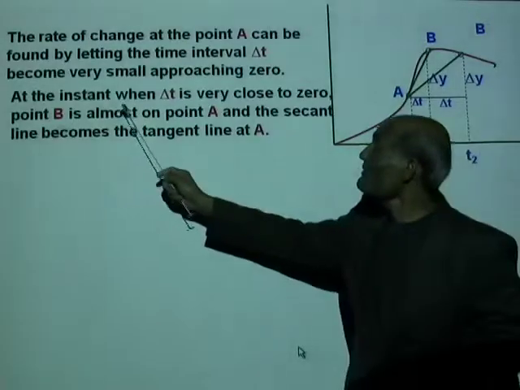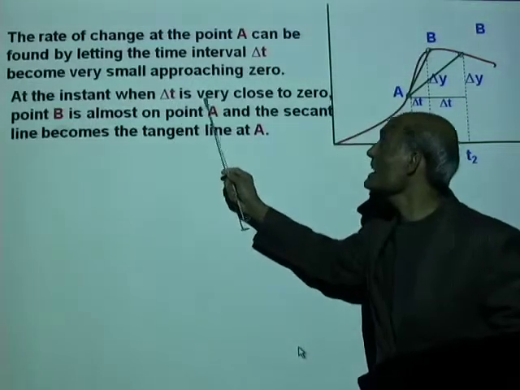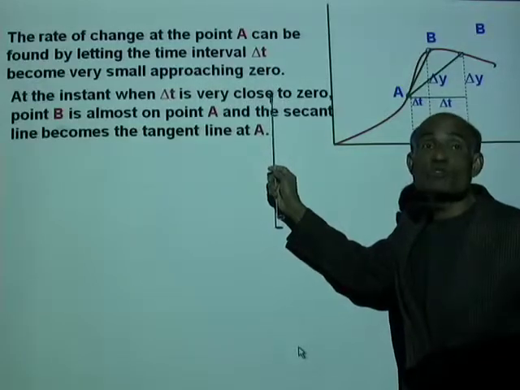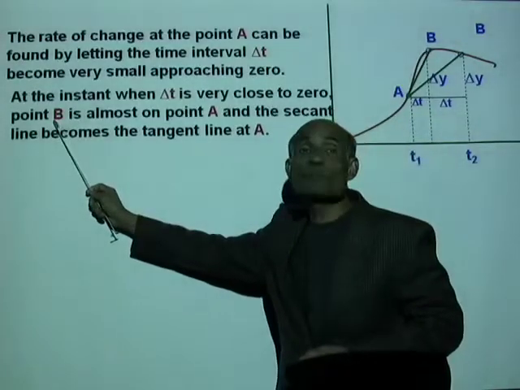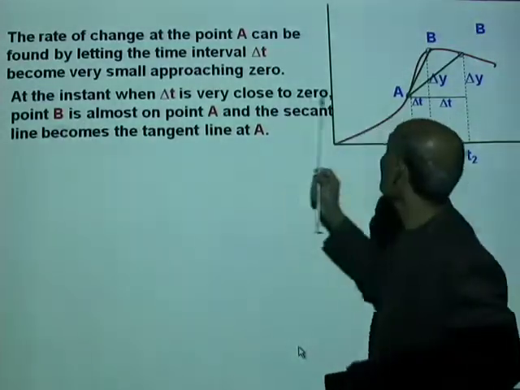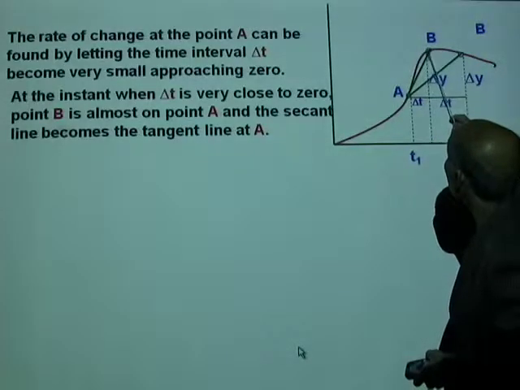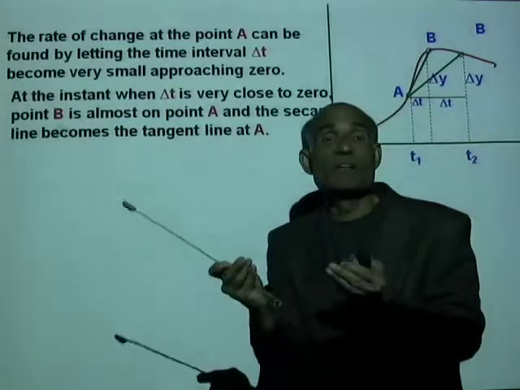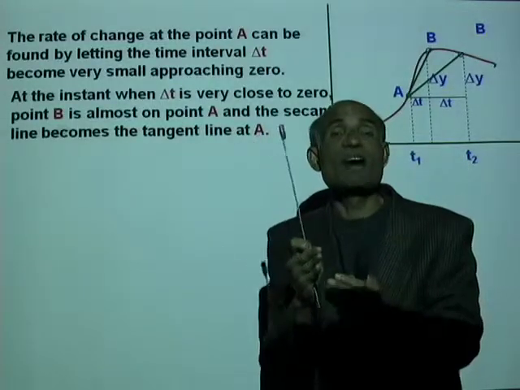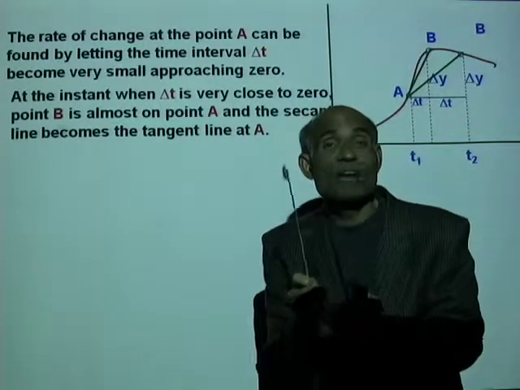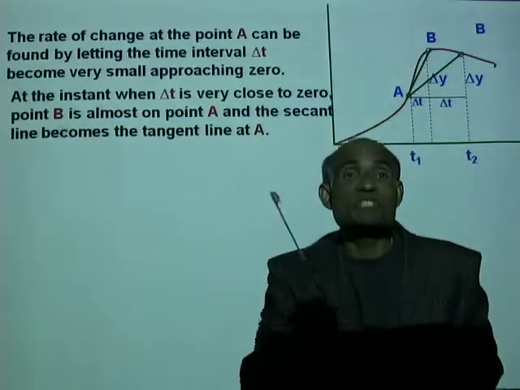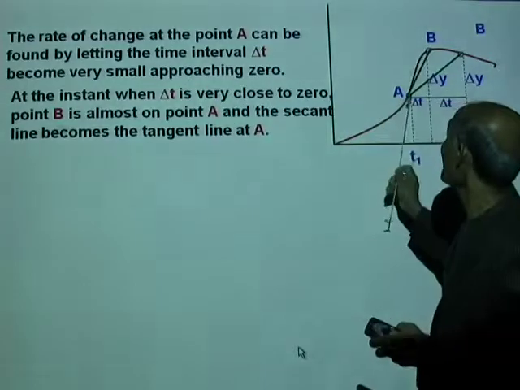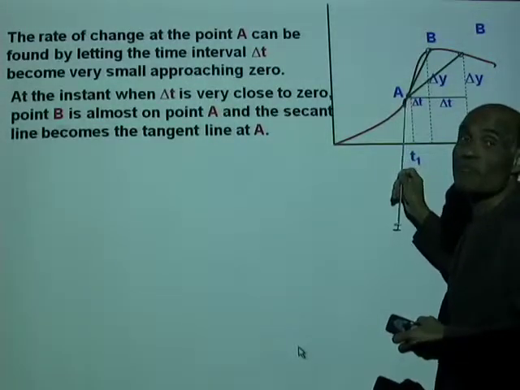Now, at the instant when delta t is very close to 0, we say the point B is almost at the point A. If you bring B again closer and closer so that B is here, there will be no distinction between the secant line and the curve itself. And the line then becomes a tangent line at the point A. Is that right?